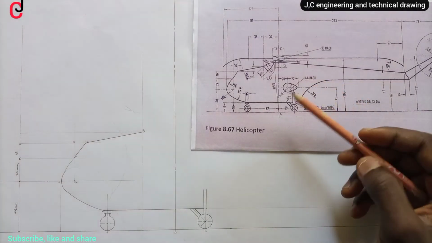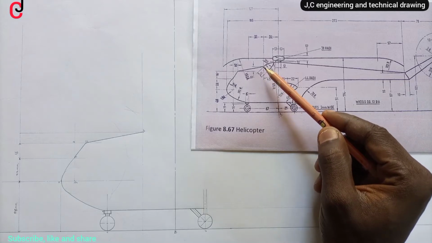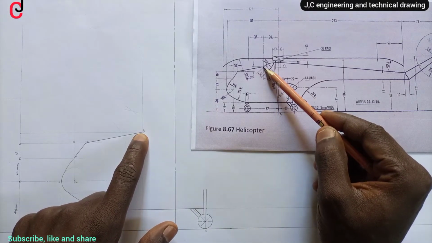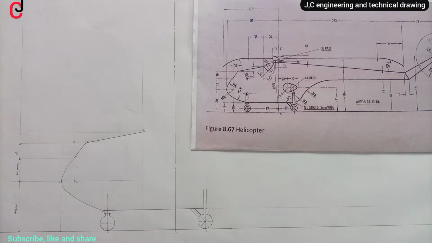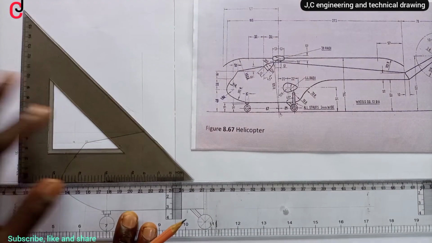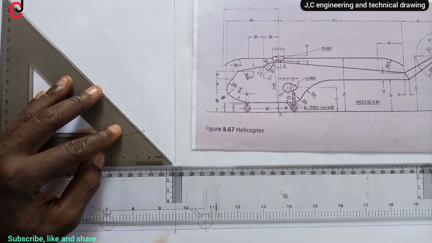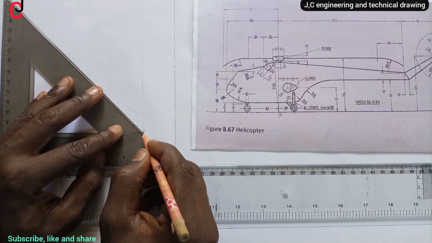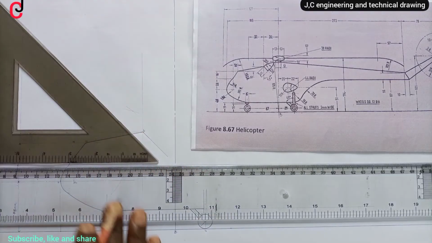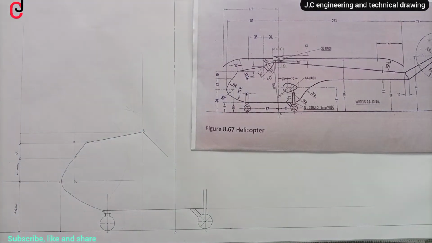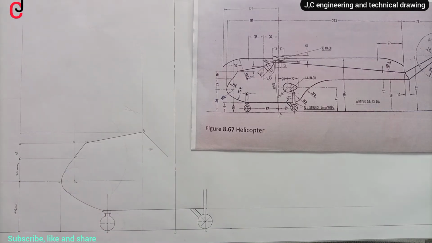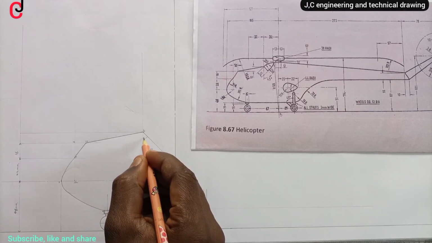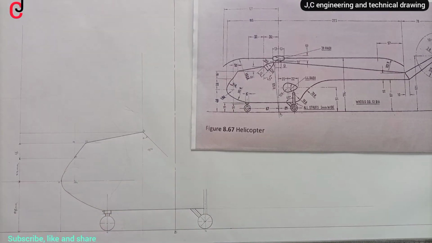Now from our diagram, at point B1, which is this, we should take 45 degrees. So we'll pick our set square, place it this way, from point B, we draw a straight line which is 45 degrees.